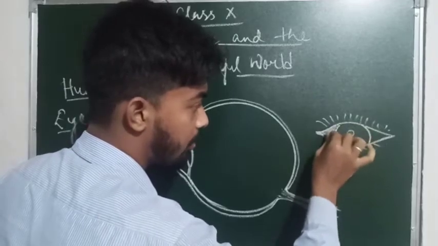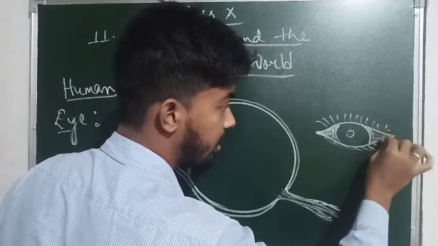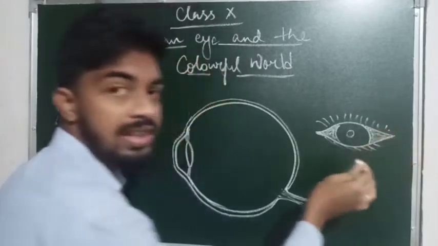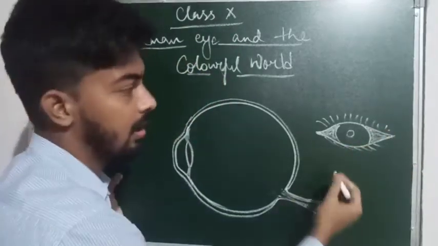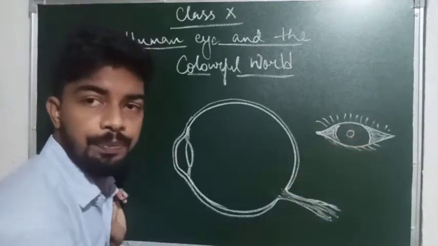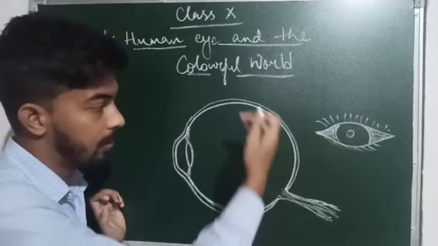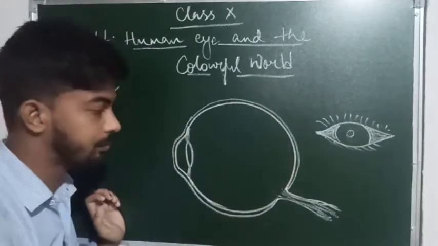To visualize the white part, I have shaded the side of the eye. This is the white part that we see, and this is the black part, or our pupil. Then this is the lateral view, or side view, of the human eye.